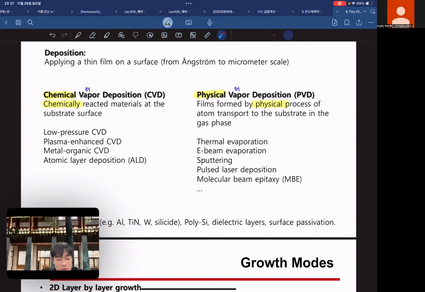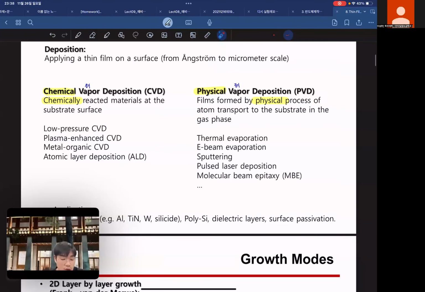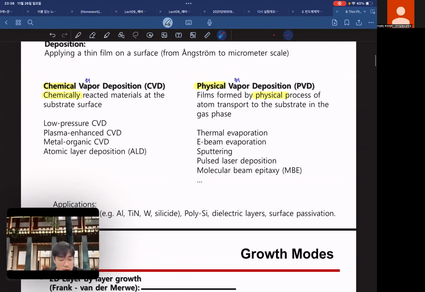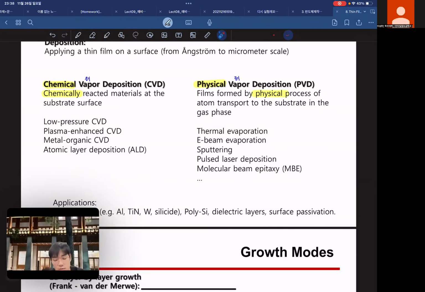deposition. The first is chemical vapor deposition, called CVD, and the second is physical vapor deposition, PVD. CVD works chemically on the surface, and PVD reacts physically on the surface.